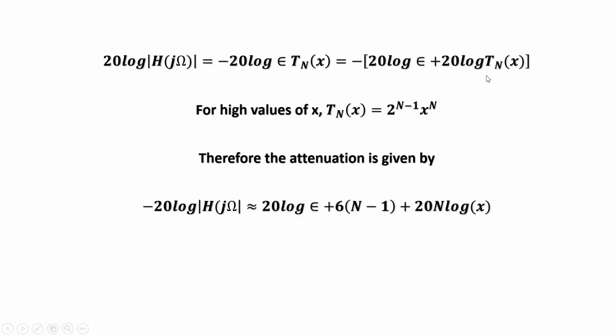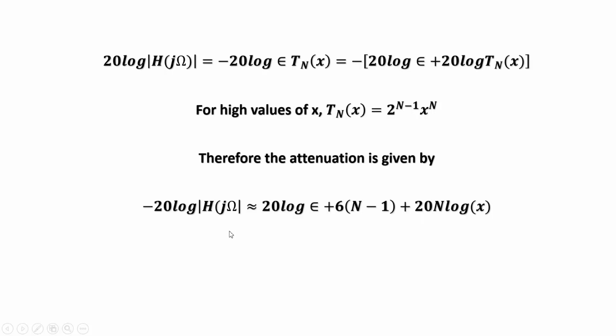Now if we replace this Tn x by this term, then we can simplify the attenuation expression. Minus 20 log |H(j omega)| will be equal to 20 log epsilon, because this minus sign comes to this side, which makes it attenuation. Because of log 2, the constant comes out to be 6, so plus 6 into capital N minus 1 plus 20 n log x.